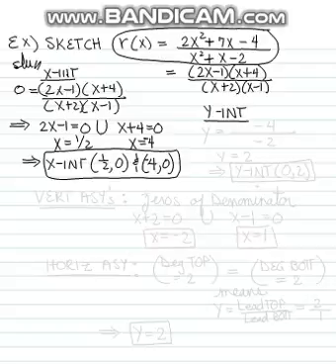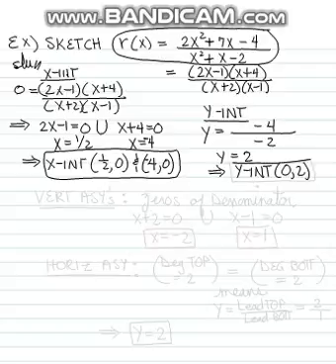R of x, that's where you replace it with y. It equals 2 times 0 plus 7 times 0 minus 4, so it's just negative 4 on the top. And on the bottom we have 0 squared plus 0 minus 2. So y equals positive 2, and that gives us the y-intercept ordered pair 0, positive 2.